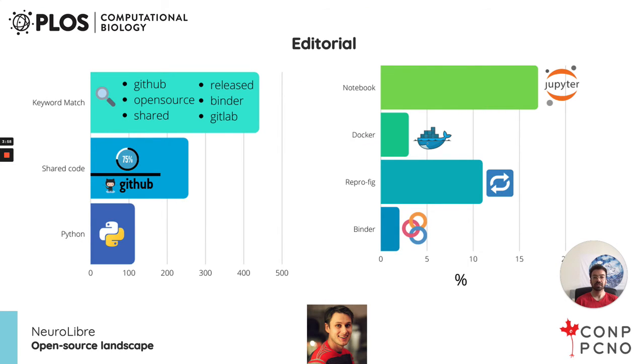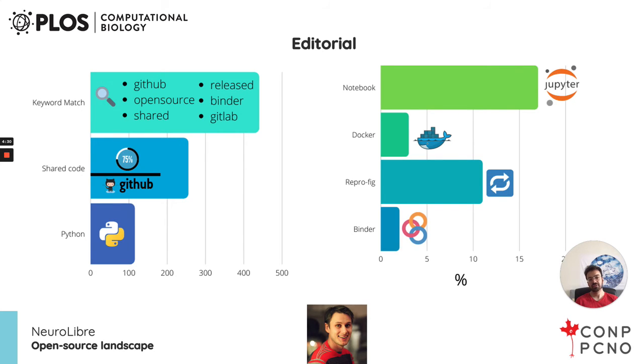Mathew Boudreau is a NeuroLibre team member. He's working on publishing an editorial in PLOS Computational Biology, and for this editorial, he analyzed the open source landscape of the articles published in this journal. This analysis revealed that about 40% of the articles matching these keywords of GitHub, open source, shared, and such, shared some code, where 75% of them were hosted on GitHub, and about half of them were written in Python.